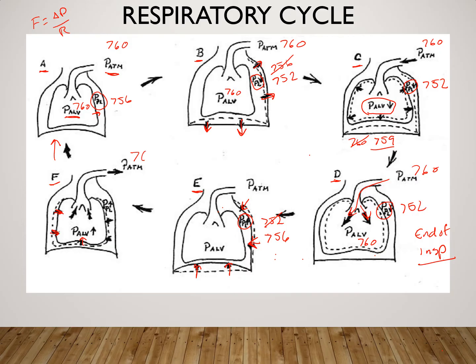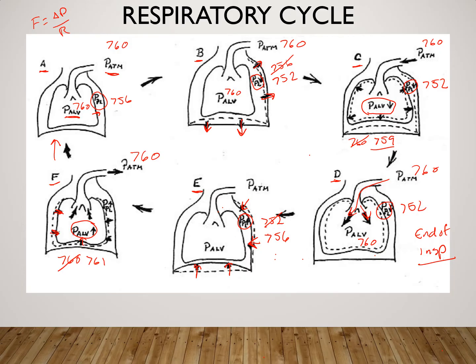Remember, the atmospheric pressure doesn't change, it's 760. The pressure inside the alveoli, as the lungs recoil backwards again, goes up. We started out at 760 at the end of inspiration, and by the time the volume is reduced due to the elastic recoil during expiration, it'll usually go up to 761 millimeters of mercury.